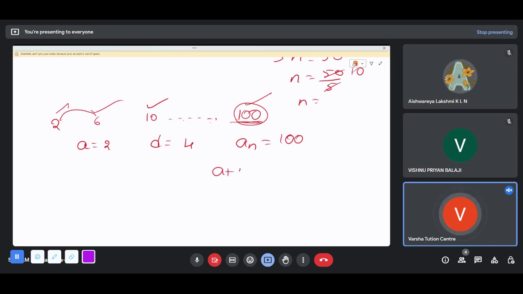A plus (n minus 1) into d is equal to 100. Now A is 2 plus (n minus 1) into d, which is 4, is equal to 100. Now see, 2 plus 4n minus 4.